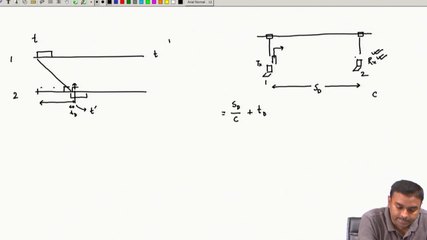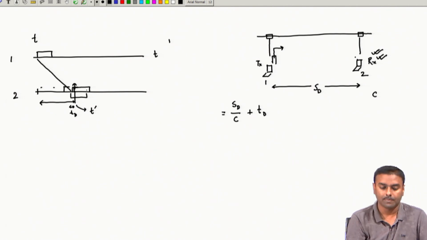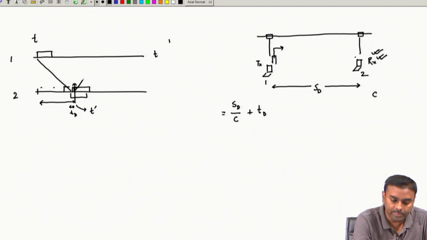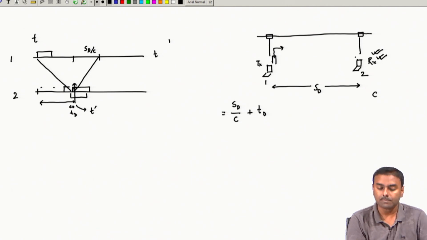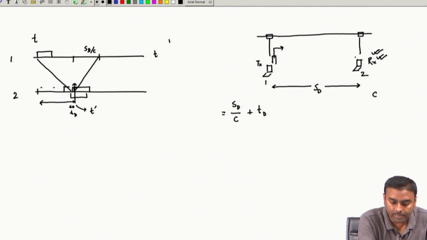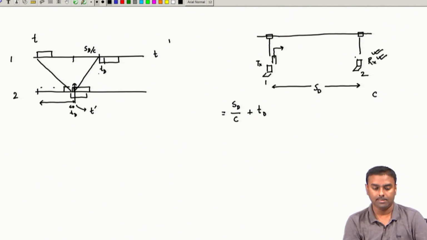Let us say at the last moment of the vulnerable period he starts transmitting. Then it will take another SD by c to reach over here, and then he will be receiving the first bit. Again, for detection he requires TD amount of time. So, this will be possible.